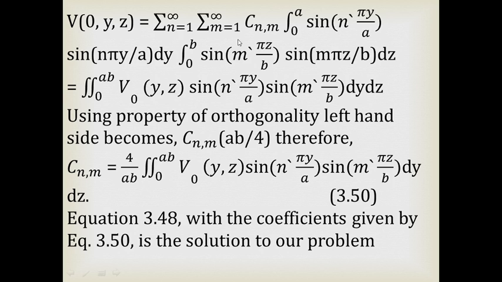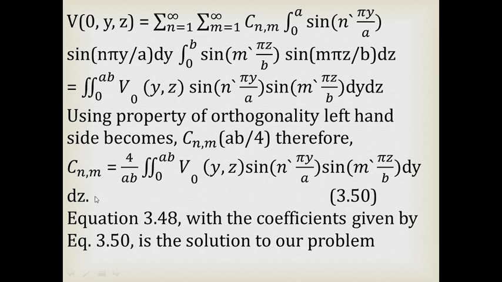So our coefficient becomes c n dash m dash, or you can write c n m, into the value of the integrations. The value of this integration is going to be a by 2 into b by 2, and hence we can write our left hand side is equal to c n m ab by 4.